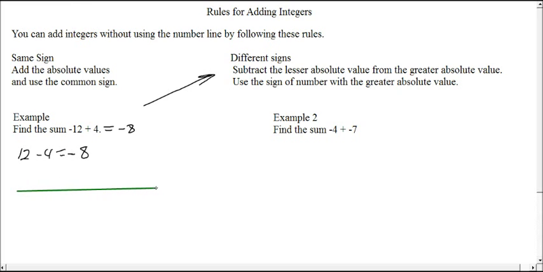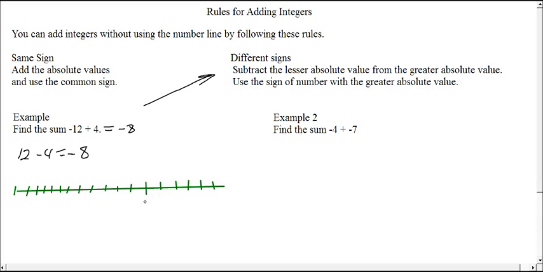So we'll construct a number line and use that. Then we have 1, 2, 3, 4, 5, 6, 7, 8, 9, 10, 11, 12, and over here 1, 2, 3, 4, 5. We're just going to use the number line to check.